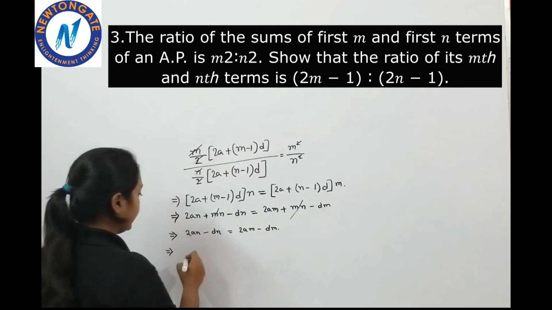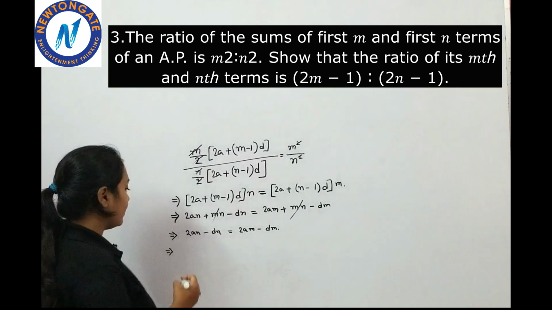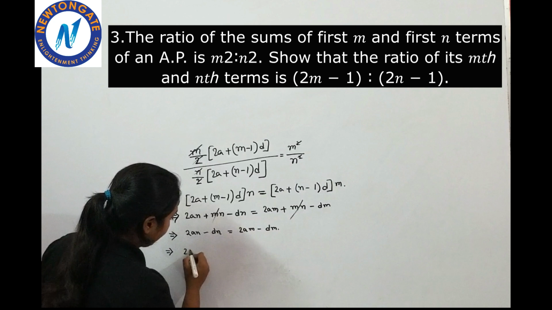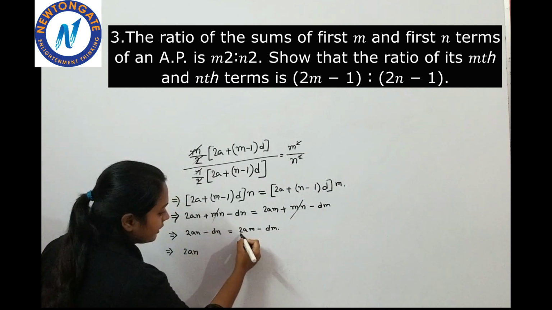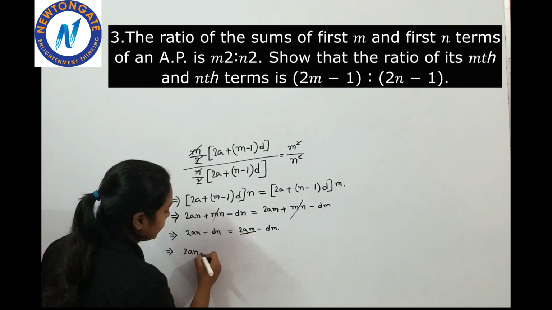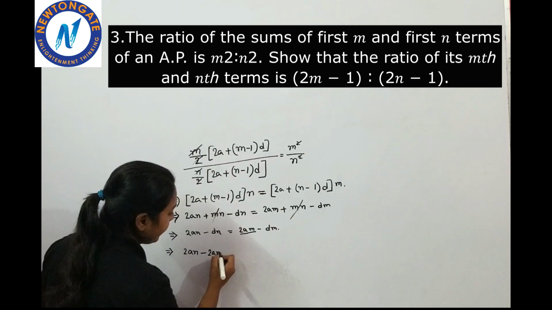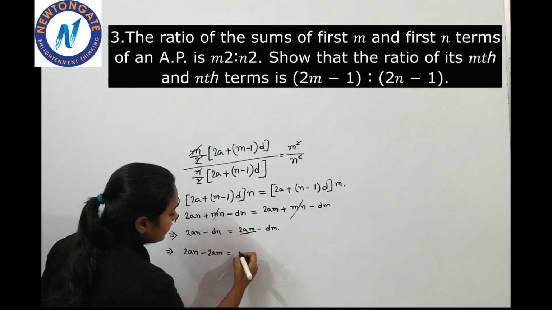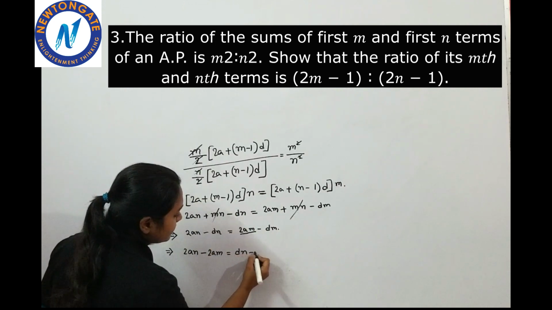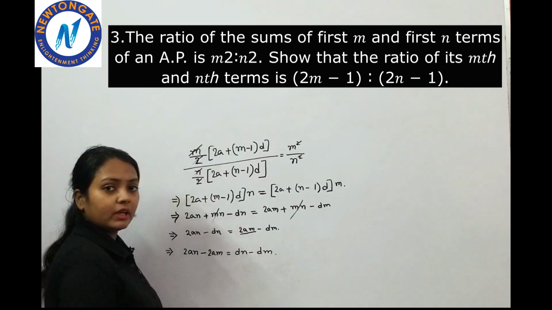We interchange the place of the terms. Here 2an, if the 2am comes here, then it is minus 2am and dn minus dm. Okay?